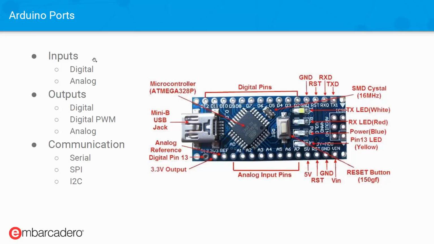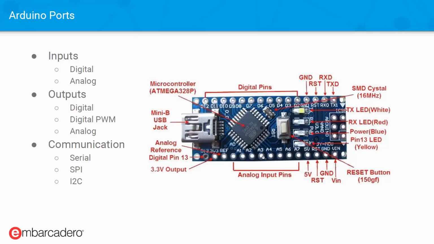The Arduino boards typically have a number of inputs and outputs. The typical inputs are digital and analog. The outputs can be digital on-off, digital with pulse width modulation, or analog. The Nano is a simple board and has only digital and digital pulse width modulation output pins.